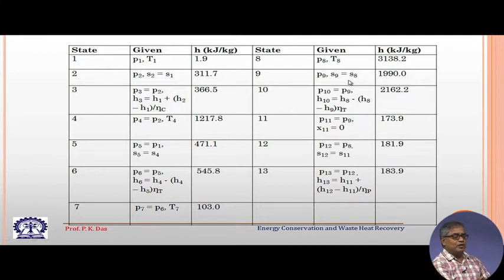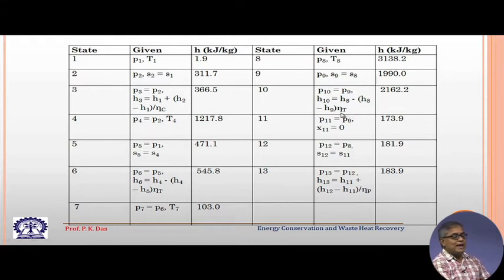Using all this information, as we have used earlier, the enthalpy at point 9 can be calculated. But this is not the actual enthalpy of the actual state of the steam after expansion. The steam has not expanded in an isentropic manner; there is irreversibility.